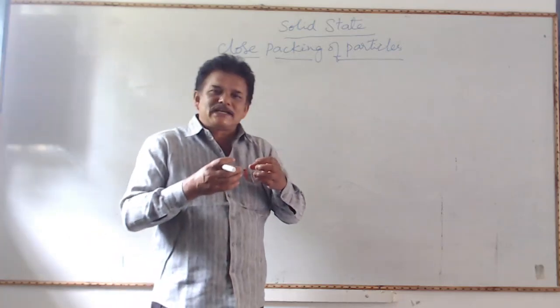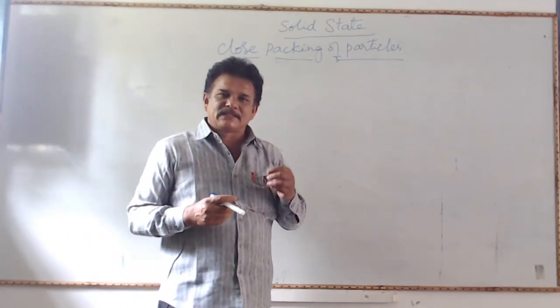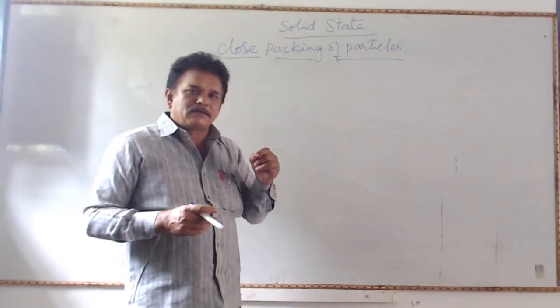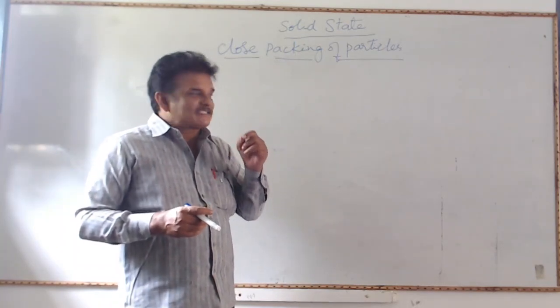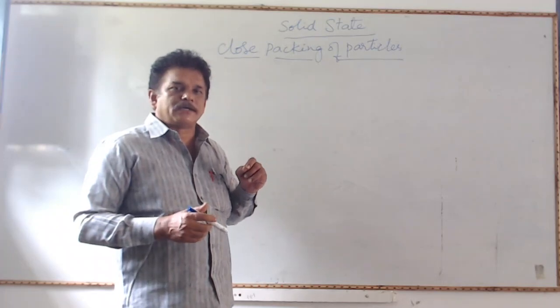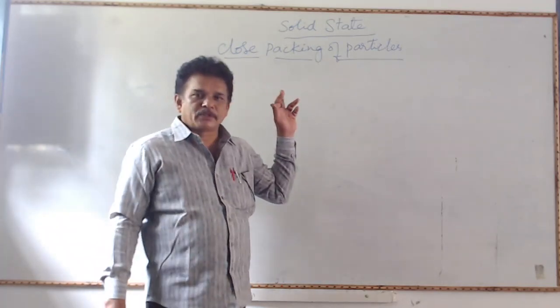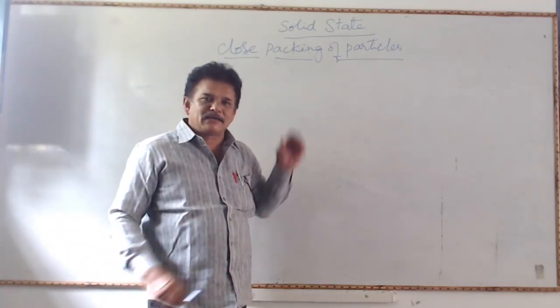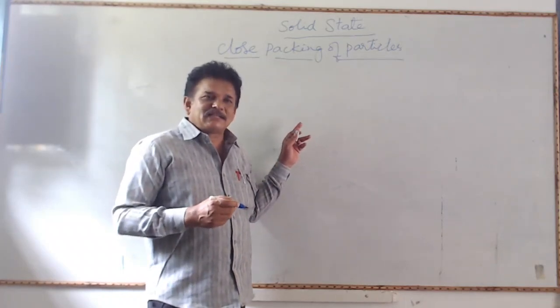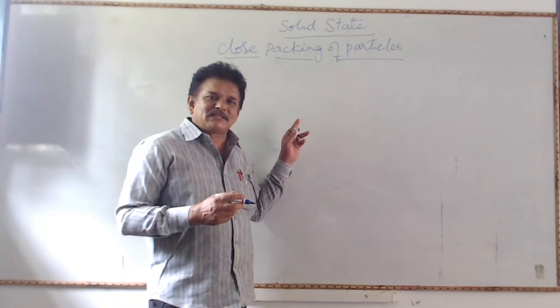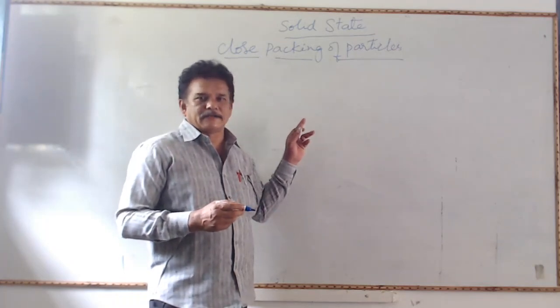When these are closely packed, the number of neighboring particles that come into contact with a central particle is called coordination number. So coordination number is nothing but the number of neighboring particles that come in contact with a reference particle.